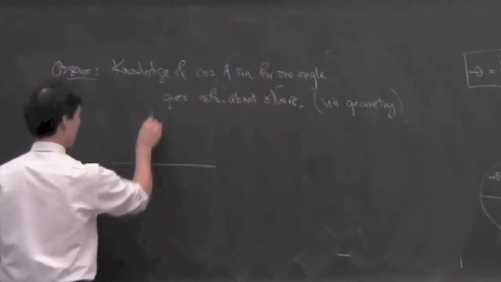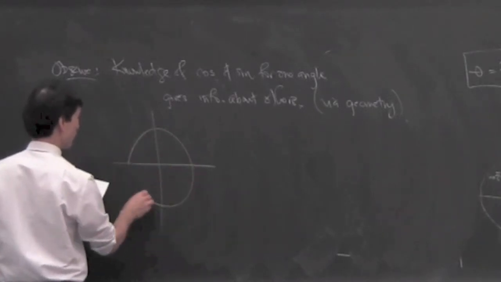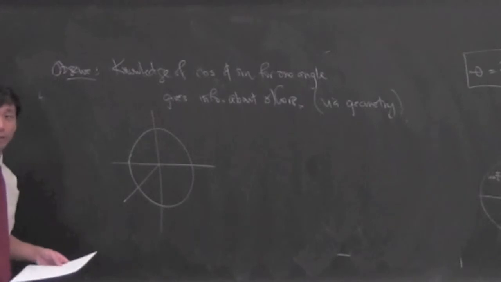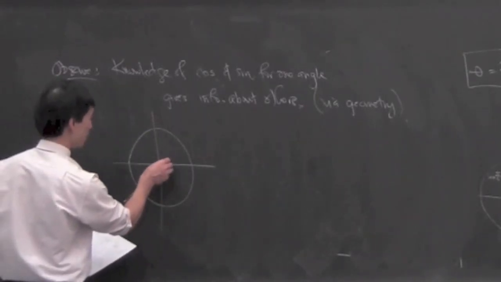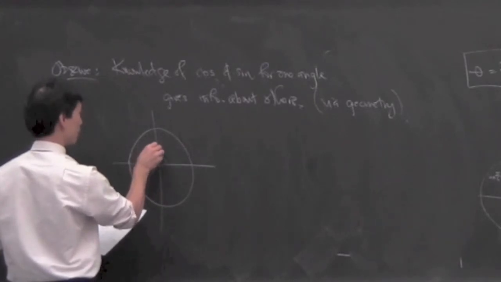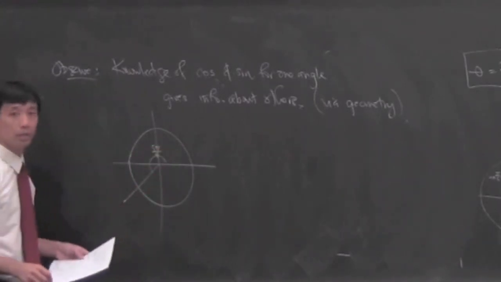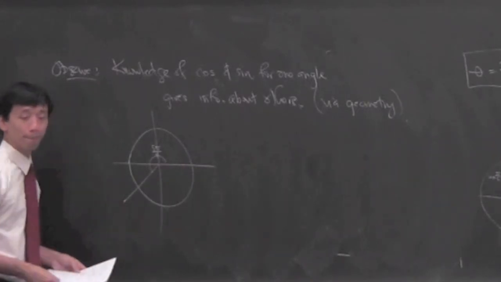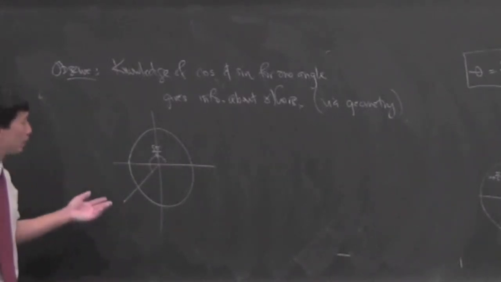So here's a simple one. Somebody says, I would like to know the cosine and sine of this angle. This angle is 5 pi over 4. What's the cosine and sine?